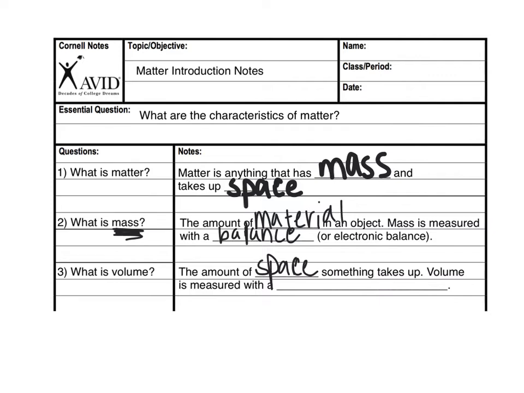Kind of like when you put ice cubes in a glass of water, the water level rises because the ice has volume and it's taking up space in the glass, so it's moving the water up. Okay? So it's the amount of space something takes up. Volume is measured with a graduated cylinder.